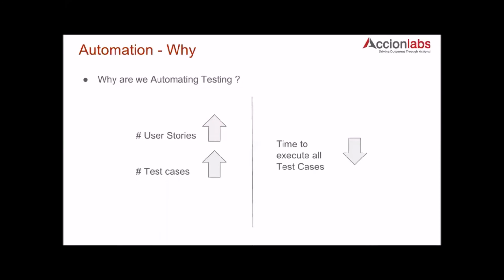Typically, what a quality engineer has to do when executing manual test cases is that for every test case there is a prelude of steps he needs to perform, probably maybe 10 steps before he actually runs the test case.